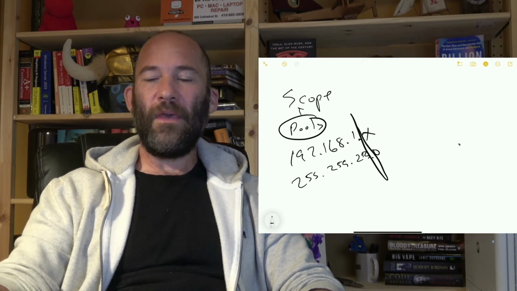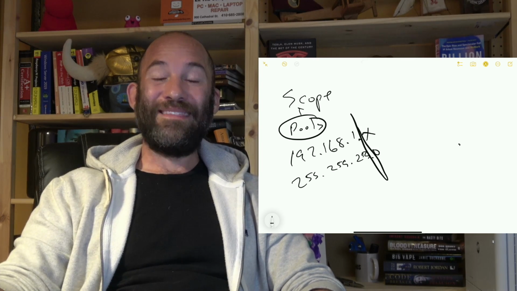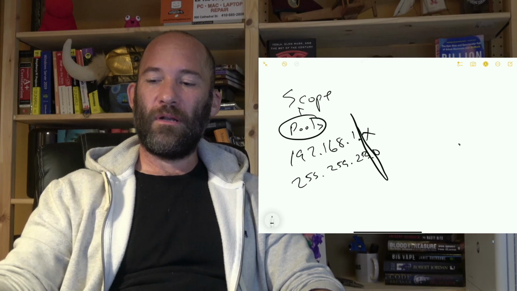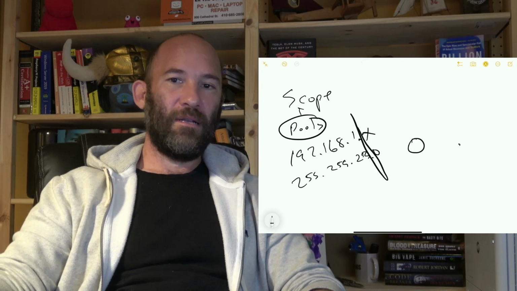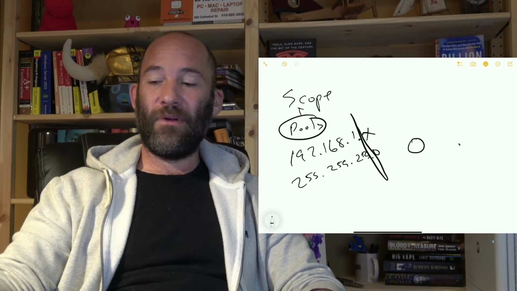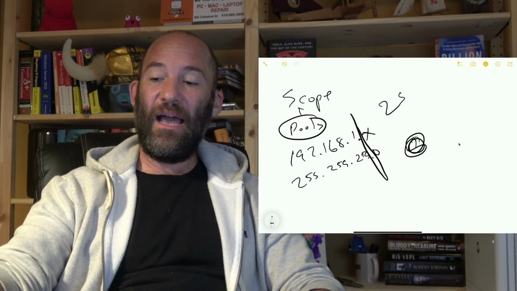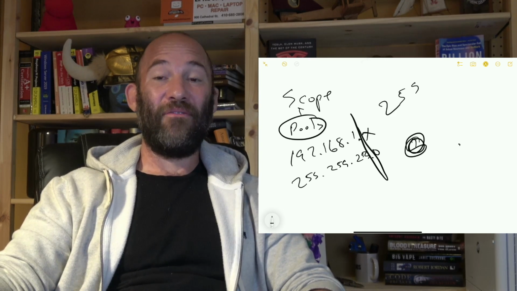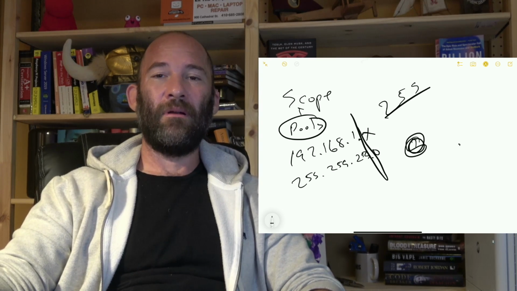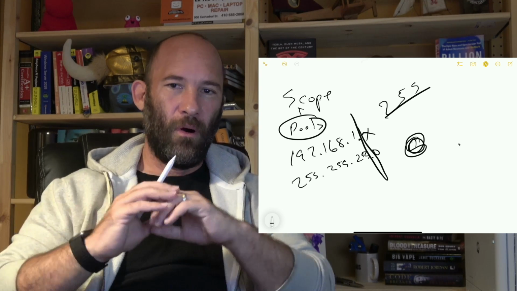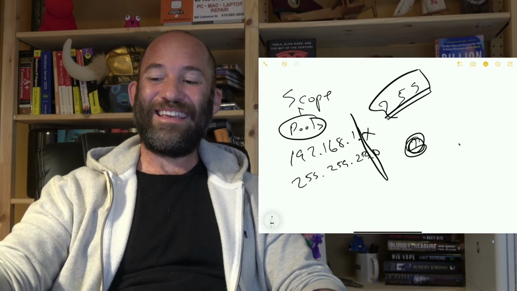Again, do remember when we're talking about actual usable network numbers, the lowest number in an IP address range is considered the network ID, and the highest number, so 255, is the broadcast number. So if somebody needs to communicate to all the computers on the LAN, they would use the highest number.